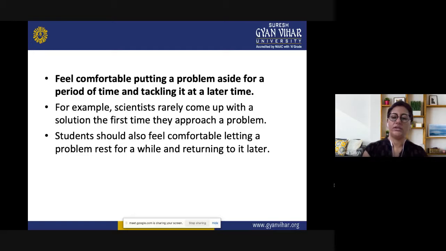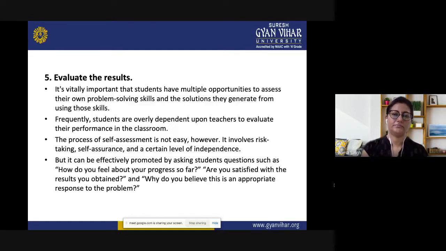They are still working on it. They are still trying to find out. So like this, scientists also do not come up with a solution the first time. They do it again and again until they reach the solution. So students should also feel comfortable letting a problem rest for a while and then return to it later. So this is okay with them.